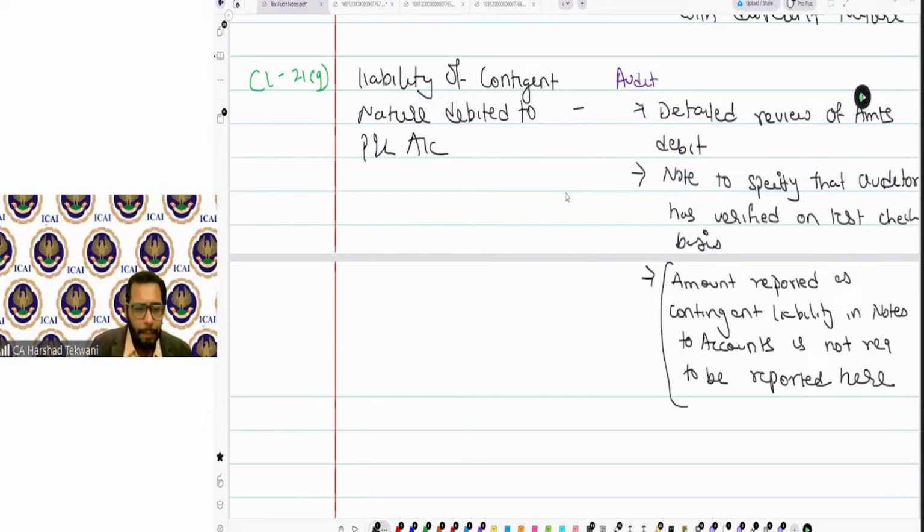Why? Because we have to report the amounts which are debited to the P&L, not which are shown in the notes to account. So if there is any amount which is reported in the notes to account, that is irrelevant for me.